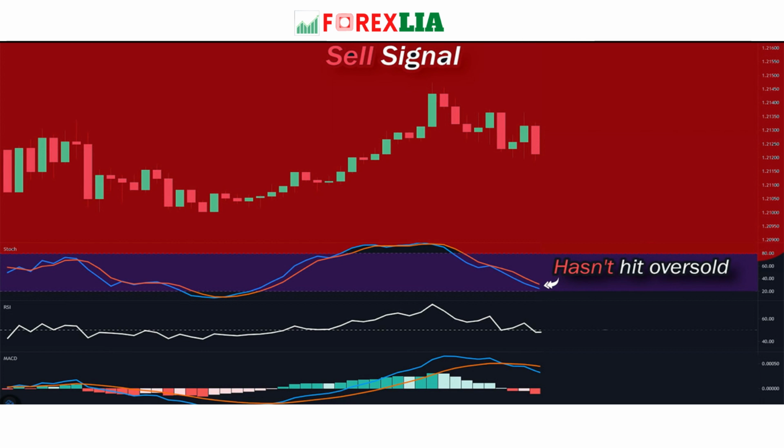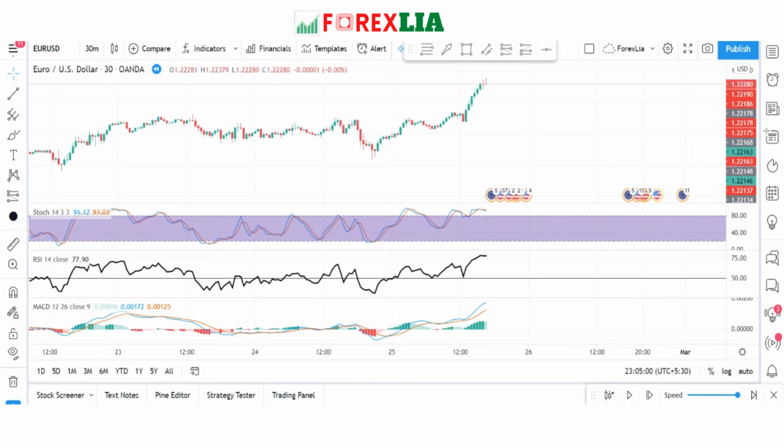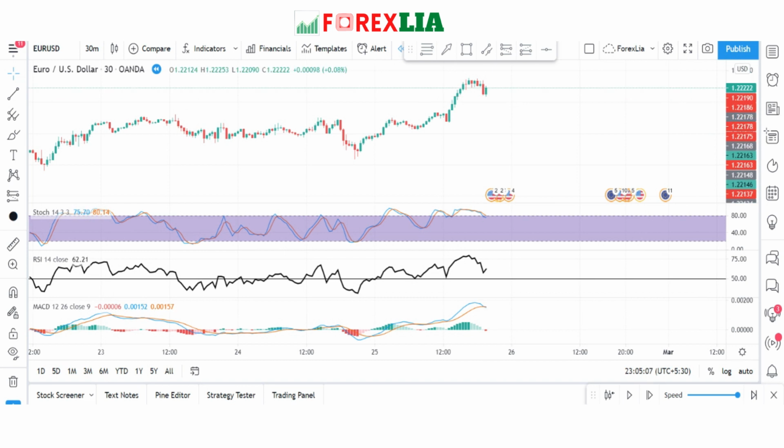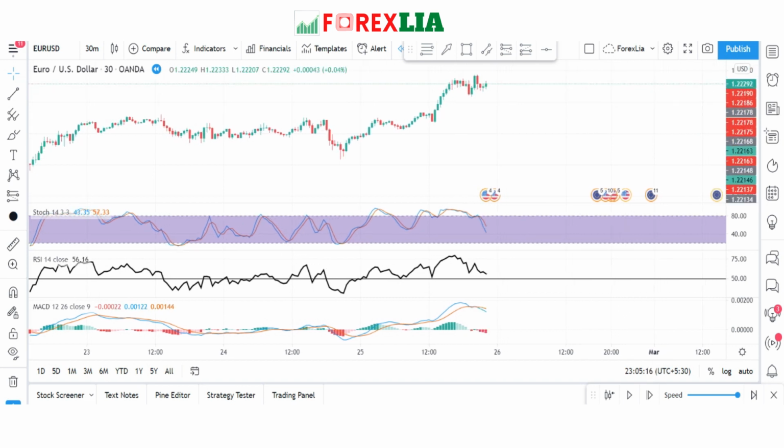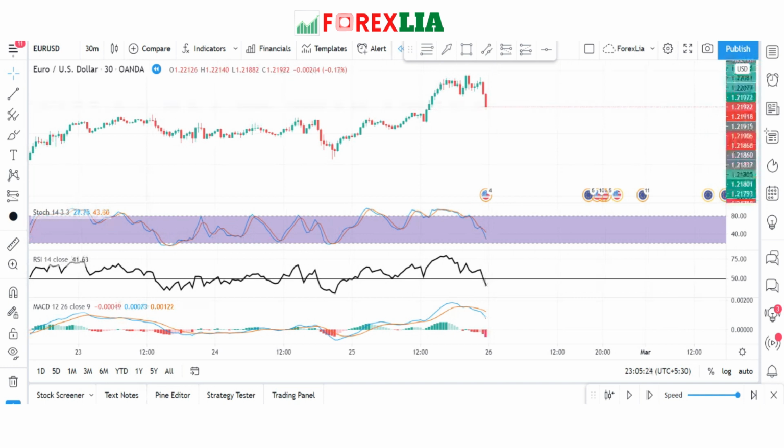First, let's start with our entry signal to identify a sell signal. Now all three indicators are in the oversold zone, so we get a sell trade confirmation signal.